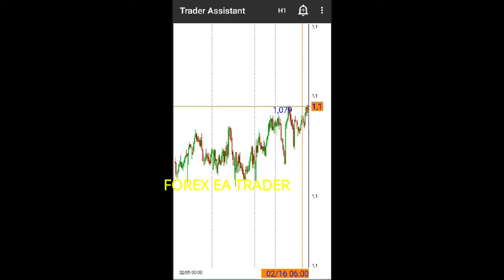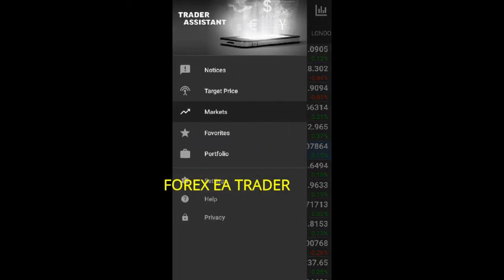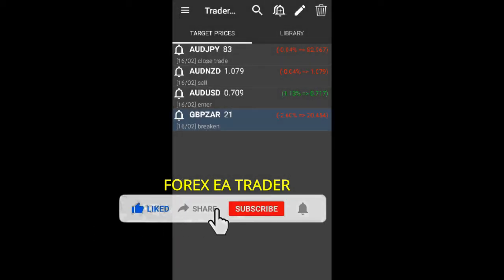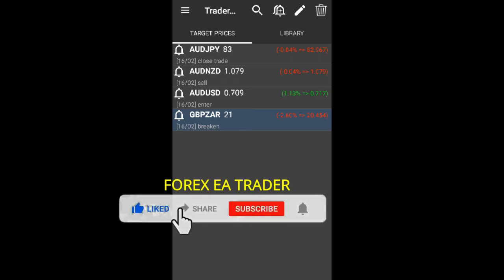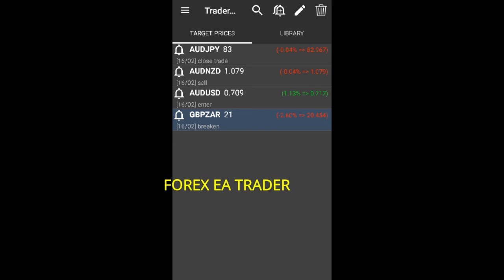When price reaches that point, you are going to get a notification to say sell, and you're going to jump in and sell without thinking too much about many other things. So this is how I managed to keep track of what's happening with my trades, what's happening in the market, without even needing to log into MT4, MT5.